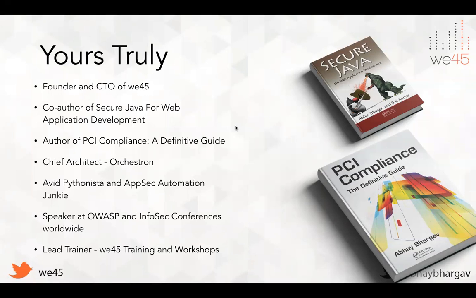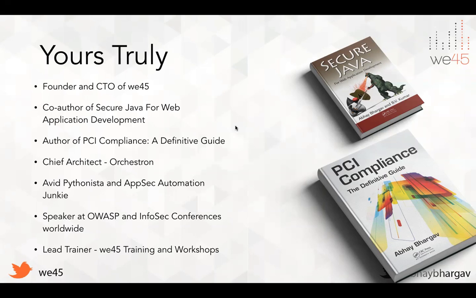So without further ado, let me just get started. This is an introduction of myself. My name is Abhay. I'm the CTO and founder of we45. I head most of the technology initiatives at we45. We have quite a diverse practice, including consulting, training, testing, and we also have a product that I've architected called Orchestron, which does vulnerability correlation and orchestration.